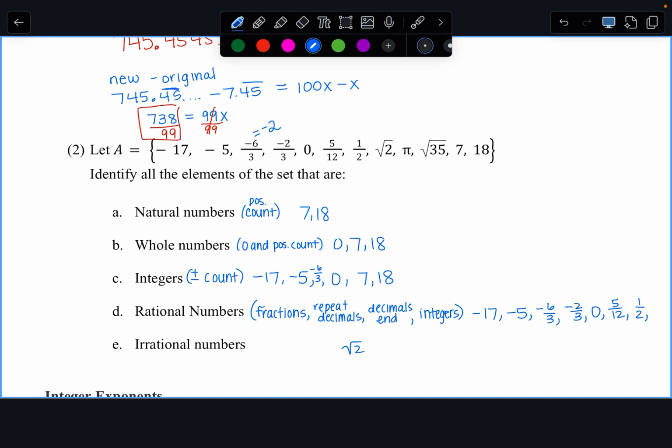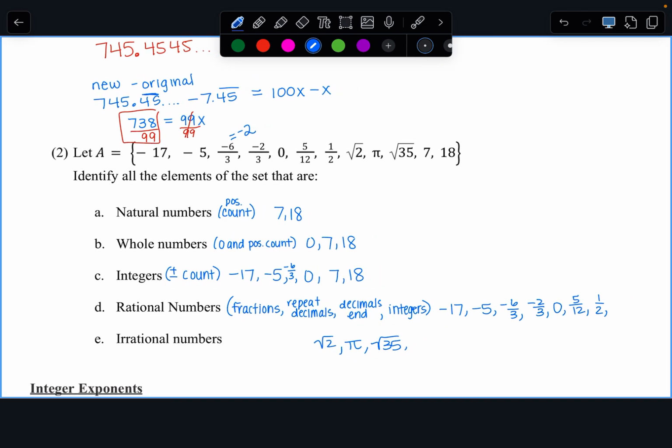What about pi? What did we say pi was? Irrational. Because pi, the digits of it, keep going on forever. And they don't repeat. What about the square root of 35? Is something times itself equal to 35? No. So that is also irrational. What about 7?